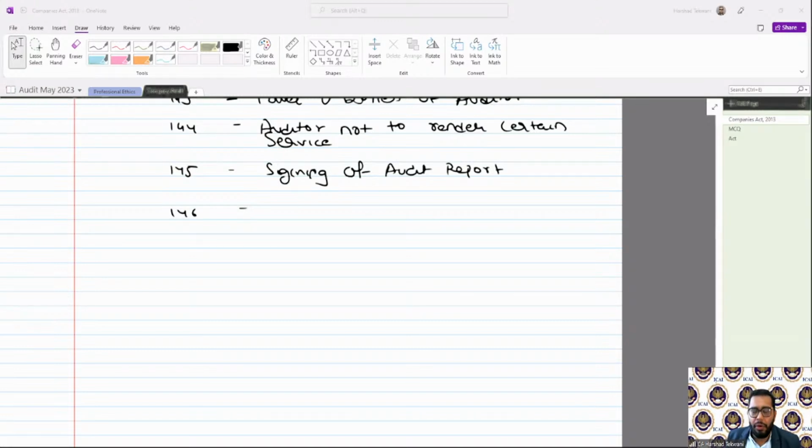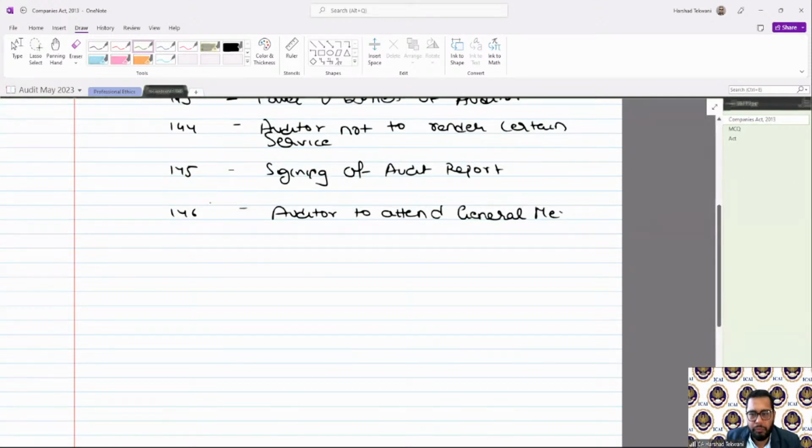So 146 provides auditors a right to attend the general meeting. 147 is a punishment penalty clause, punishment for contraventions.